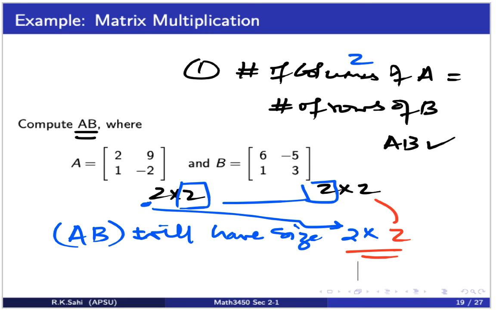So we have been able to make the connection that yes, matrix multiplication is possible, and also we have been able to know the size by just looking at the matrices given to us. Now let's go ahead and fill up the elements inside this new matrix.